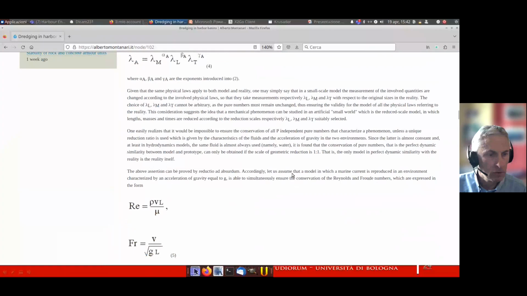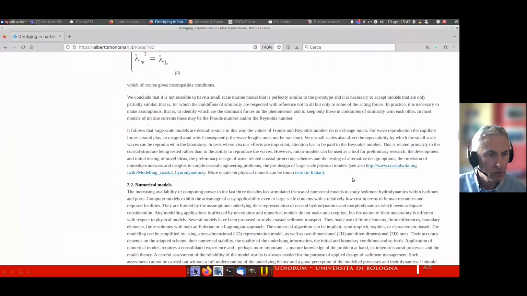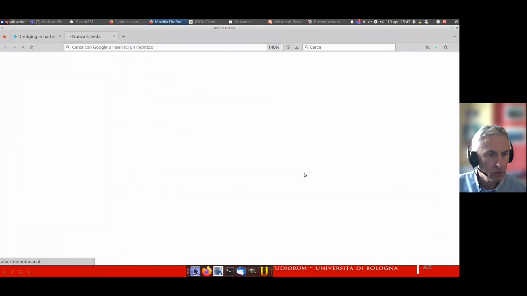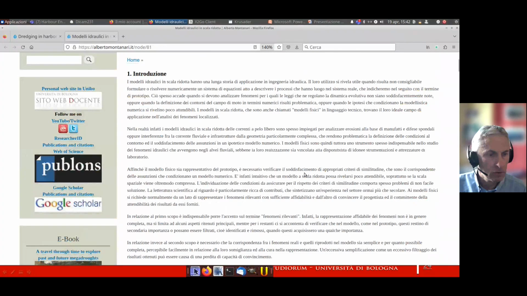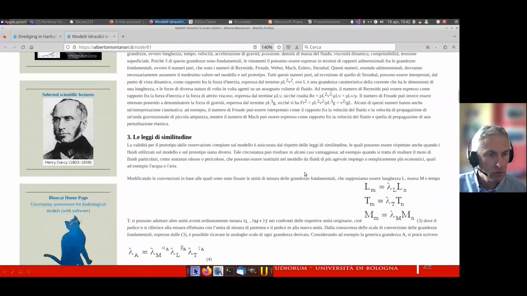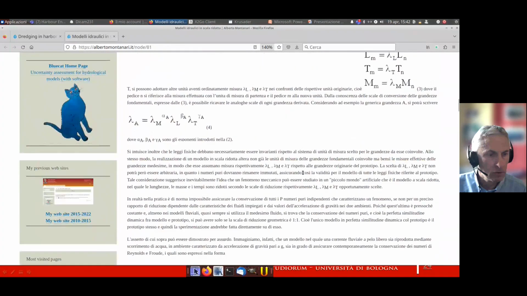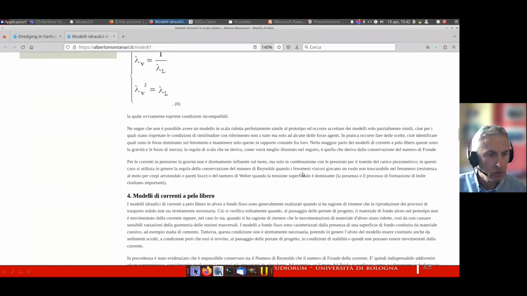There is also another link here, and more details on physical models can be found in this web page. It's in Italian, and you can find here more or less the same relationships as I showed to you in the PowerPoint.